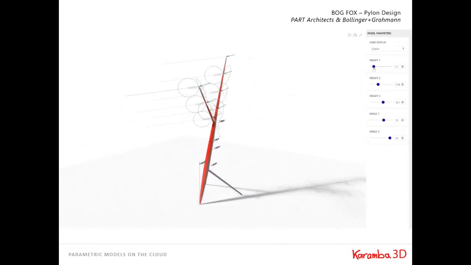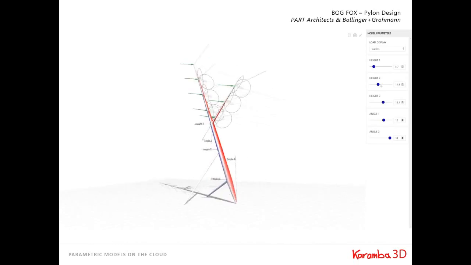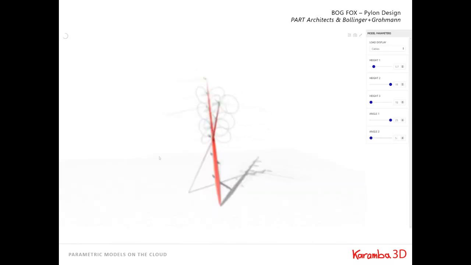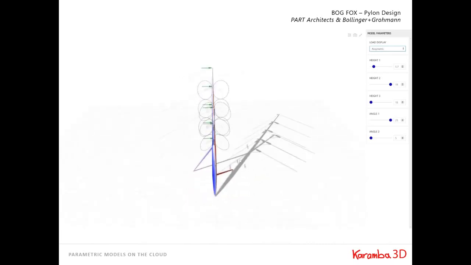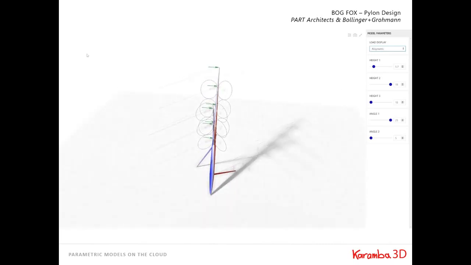This is a project which was done at Bollinger Grohmann. It's a pylon for an electric power line, which was done by PART Architects. It's located in Risti, Estonia, and it consists of a steel pylon, which can be supported in different ways.